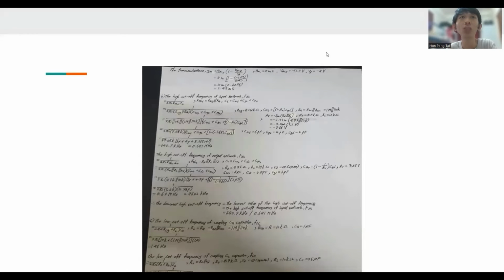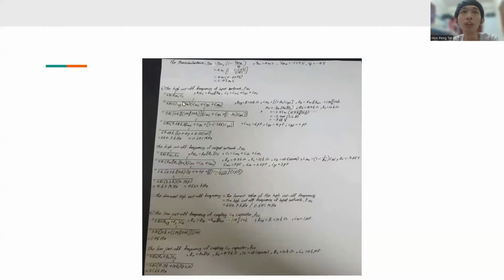For question B, the high cutoff frequency of the input network fHi is equal to 1 over 2 pi times RHi times Ci. Then we substitute, manipulate, and calculate, and the answer is 0.641 MHz.